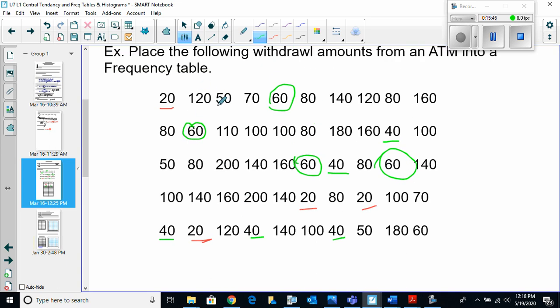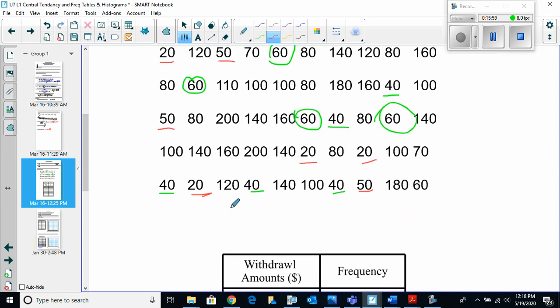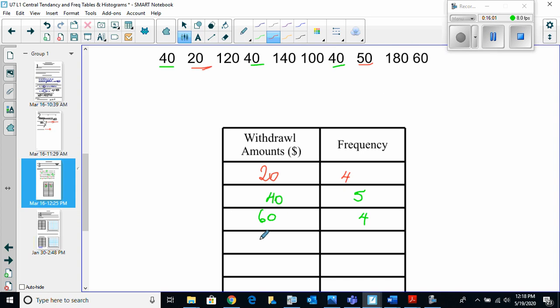And then we have 50. So I'll change the color. 50, 1, 2, 3. Yeah. So 50 is 3 times.